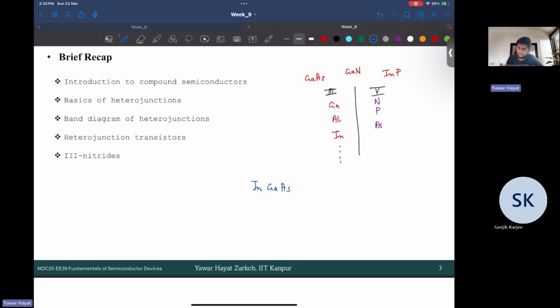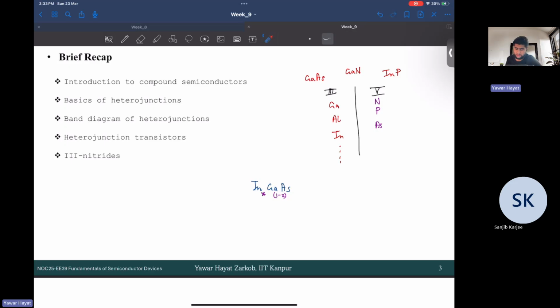Whenever you have a ternary compound semiconductor, we don't write it, but this is what we assume: this is x mole fraction and this is 1 minus x, x of indium and 1 minus x of gallium. So your material properties can vary based upon the value of x.